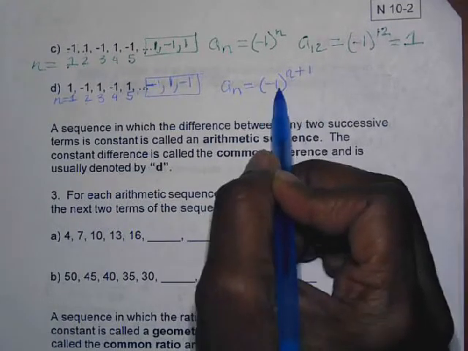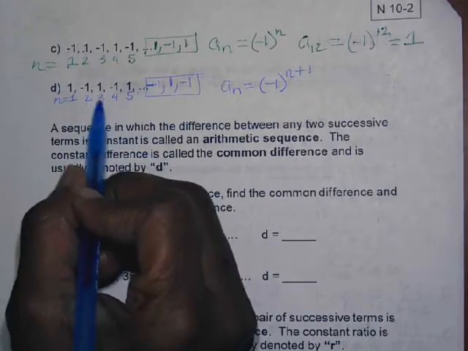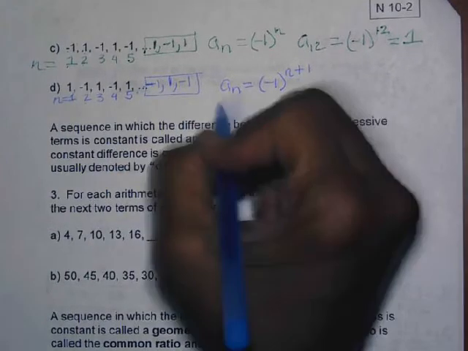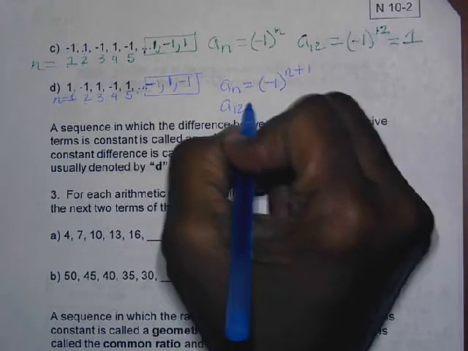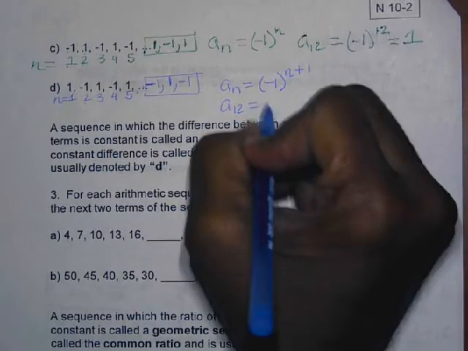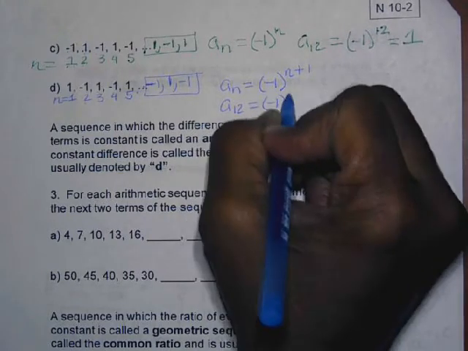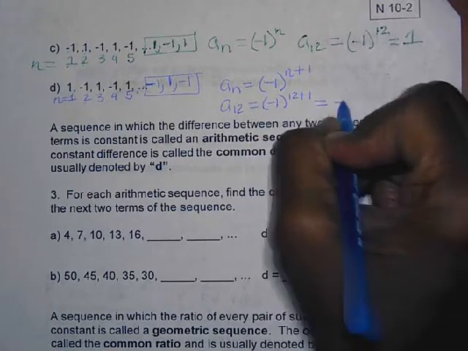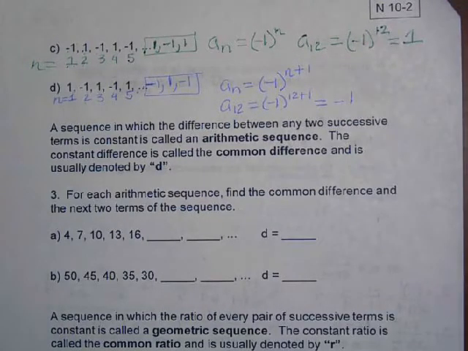Negative 1 to the fourth power is 1. I think I have my pattern. So what is the 12th term? Negative 1 to the 12 plus 1 is going to give me negative 1. Knowing number sense really helps you with the sequence problems.